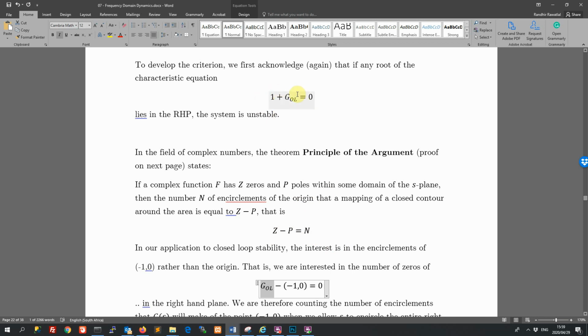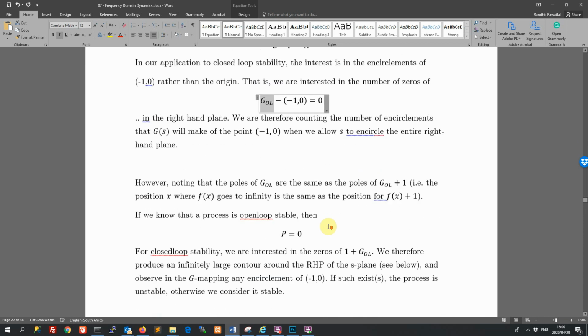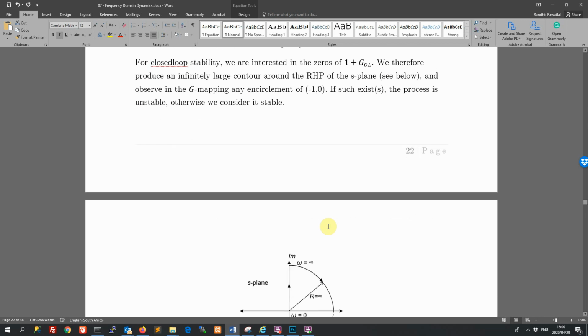So we then want to consider the encirclements of minus 1, 0, and the encirclements of that point will tell us how many zeros we have in the right-hand plane if we let S vary across that right-hand plane. That's what we need to do, and that's all further described here, so you can read it a bit more carefully.